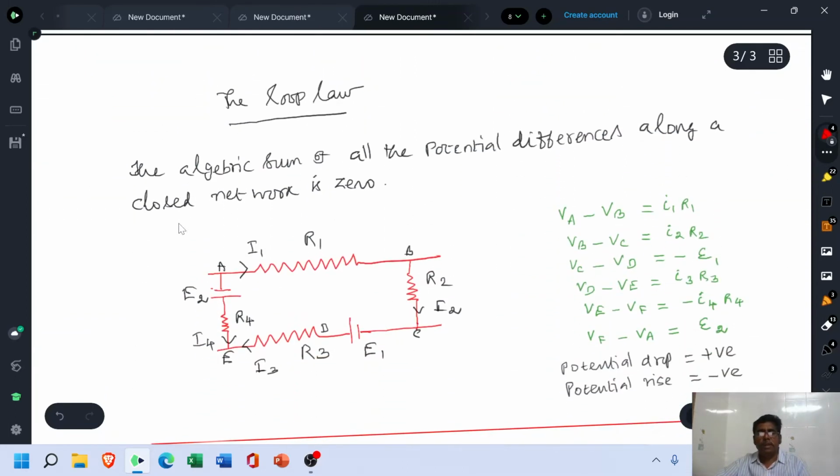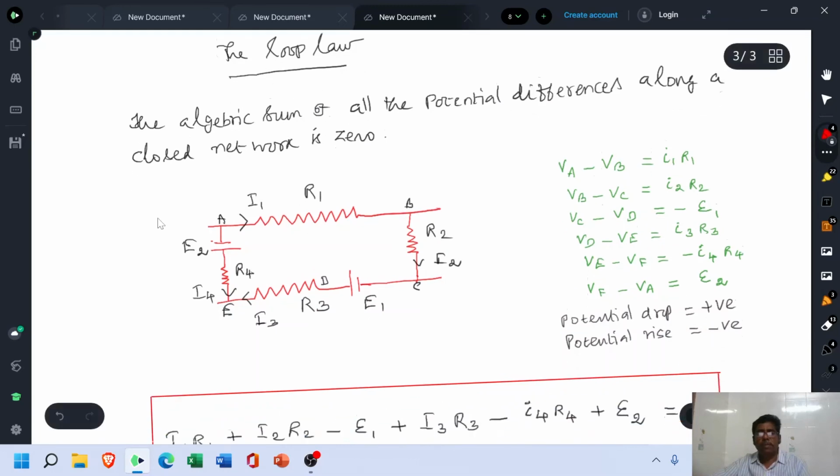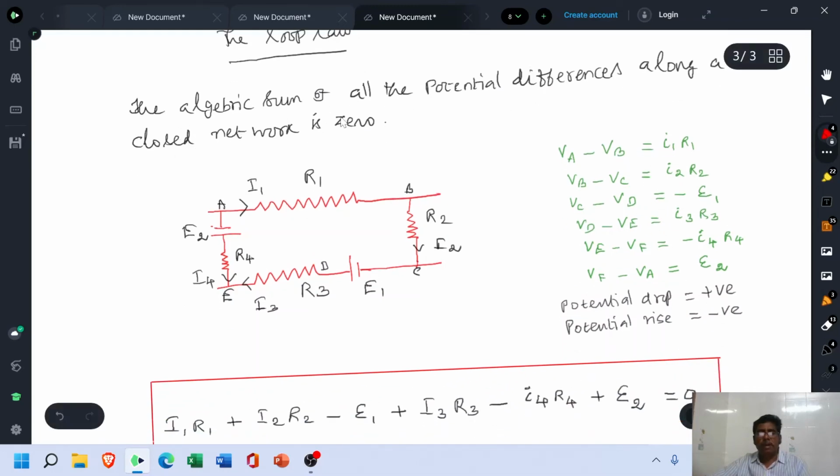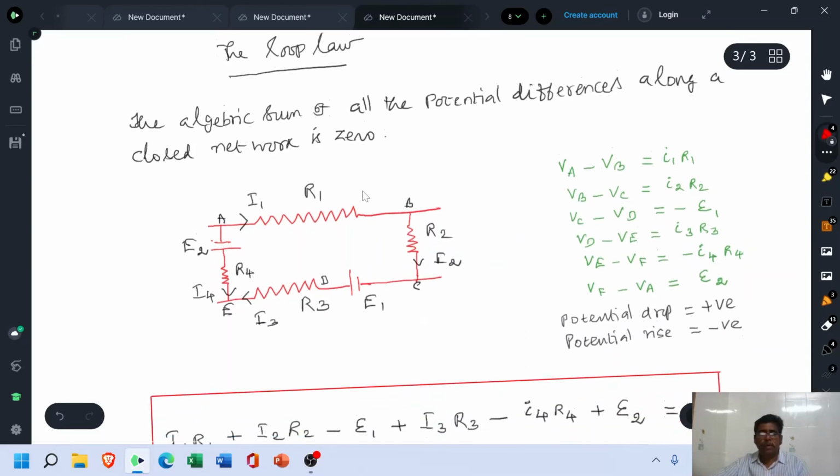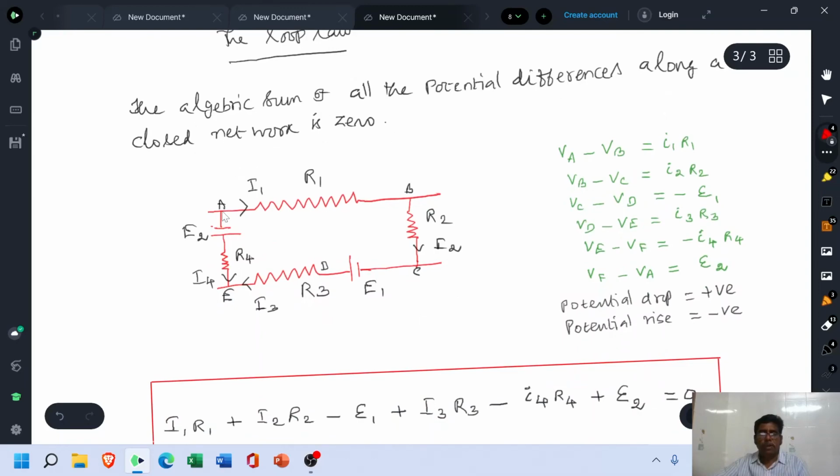Then the second one is the loop law. The algebraic sum of all the potential differences along a closed network is 0. Consider this closed network A, B, C, D, E, F, A. If you start our journey clockwise, potential drop is taken as positive and potential rise is taken as negative.